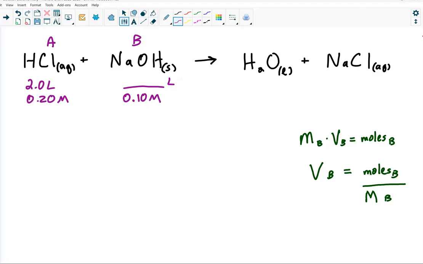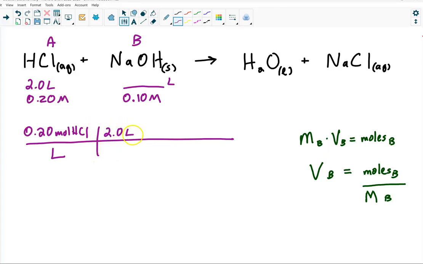So again, solution of A to solution of B. Well, we just learned I need to find moles of A. So I'm going to take my 0.20 moles of HCl per liter and multiply that by the 2.0 liters that I have, and then liters cancels. Notice that when it says molar up here, when I plugged it into my picket fence, I broke out that unit, moles per liter, so we can do the canceling of units.